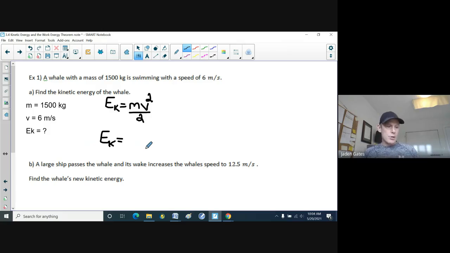When I substitute in, my mass is 1,500 kilograms for this whale, and we have a velocity of 6, so I'm going to have a 6 squared and then a divide by 2. Following the order of operations, I have brackets, but nothing's going on in the brackets. The next thing up is my exponent, so I have to do this 6 squared before I do anything else.